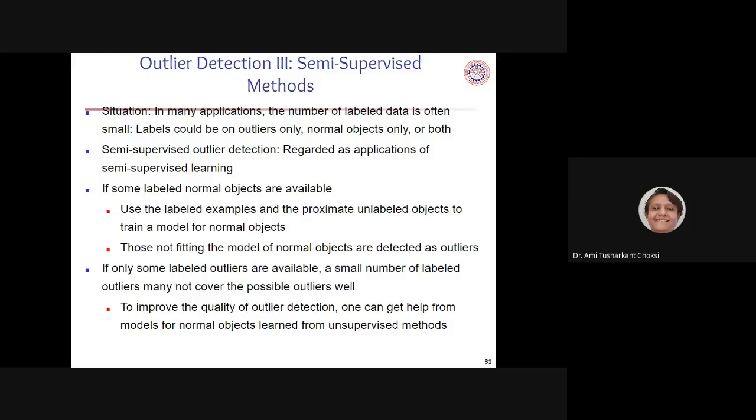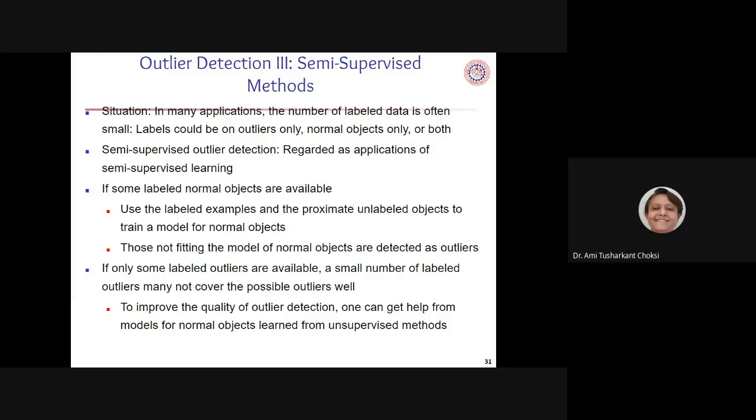Semi-supervised outlier detection is regarded as an application of semi-supervised learning. So a little bit of labeled data, a little bit of unlabeled data, isn't it? If some labeled normal objects are available, use the labeled examples and the unlabeled objects to train a model for normal objects.